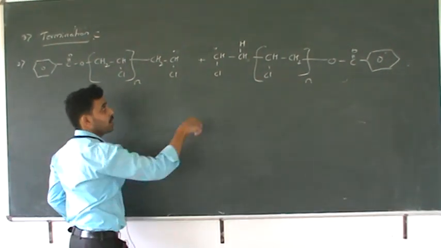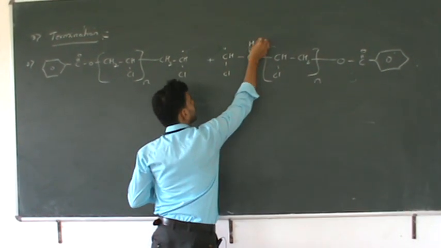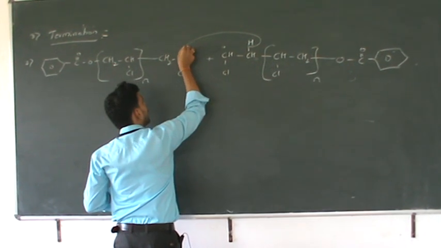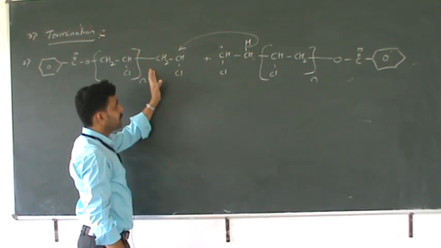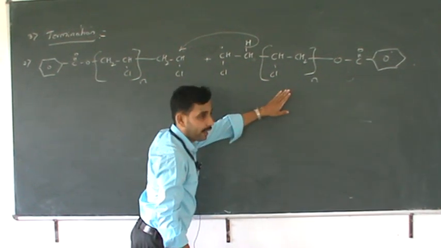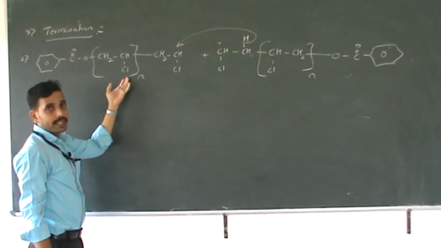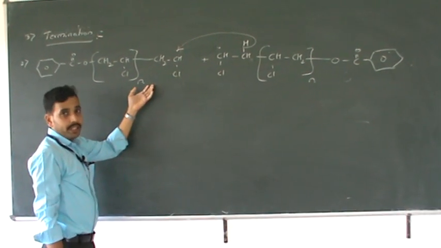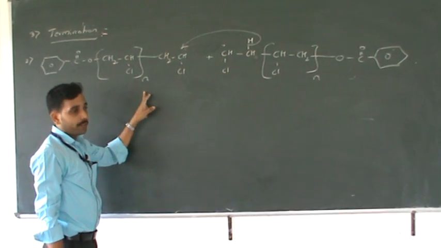The abstraction of a hydrogen atom from any one of the growing polymer chains to the other radical site. Either abstraction of hydrogen from this growing polymer chain to that, or from that growing polymer chain to this one, and it forms the sigma bond between these, or arrests the one growing polymer chain.